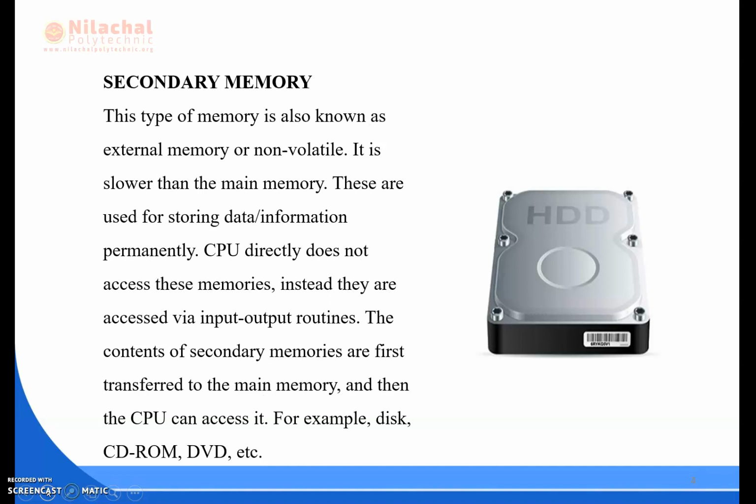Next, we will be studying secondary memory. This type of memory is also known as external memory or non-volatile memory, or we can say the permanent memory. For example, when we are doing any work on the system, it is stored in the primary memory, but when we save it, even if the power goes, the data does not go anywhere.